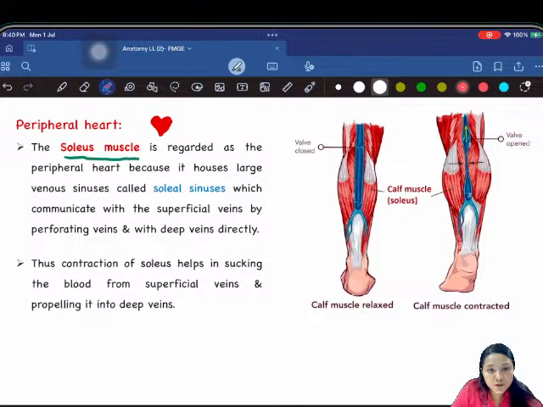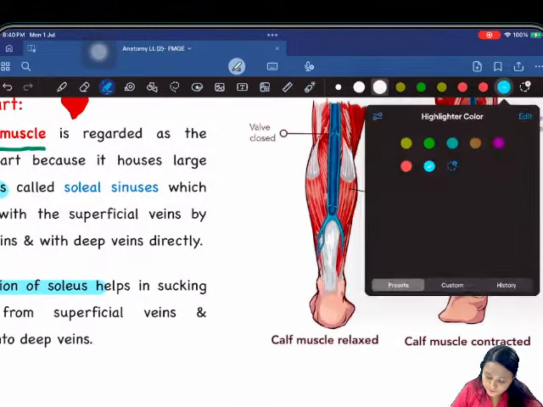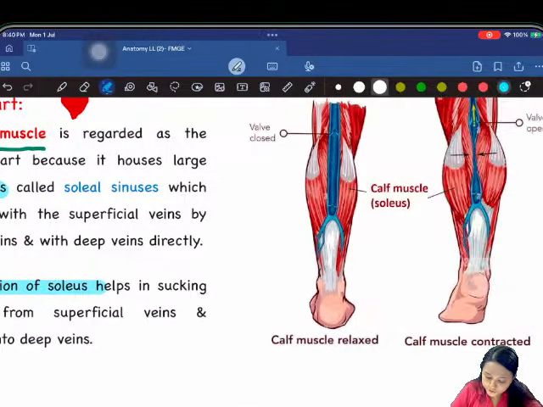Because it has venous sinuses, known as the soleal sinuses. They communicate with the superficial veins by the perforating veins and the deep veins. So what happens when there is contraction of the soleus? It helps in sucking the blood from the superficial veins and propelling it into the deep veins. So because of the sinuses, the soleus is known as your peripheral heart.